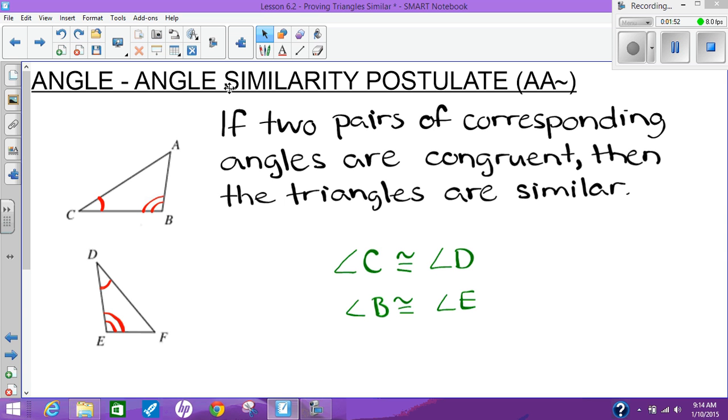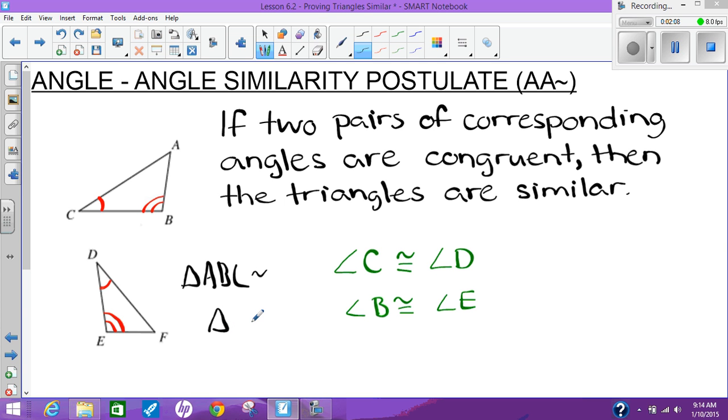So these two triangles are similar, and we can write a similarity statement that triangle ABC is similar to triangle FED. And just like a congruent statement, that is a similarity statement about the two triangles. And remember, that's the symbol for similar.